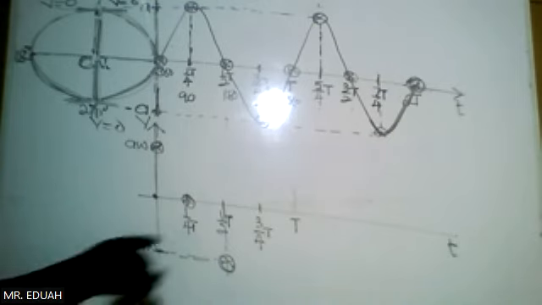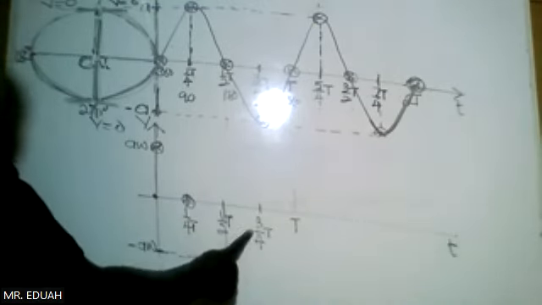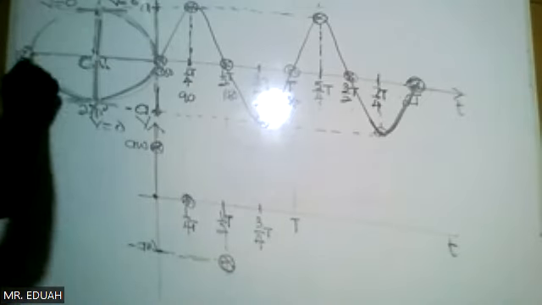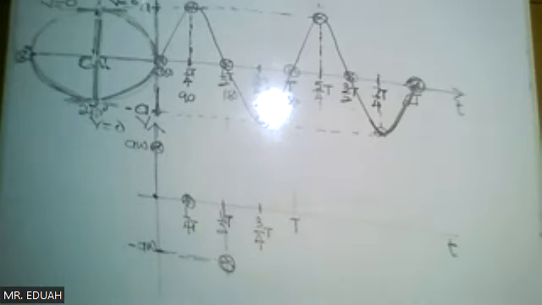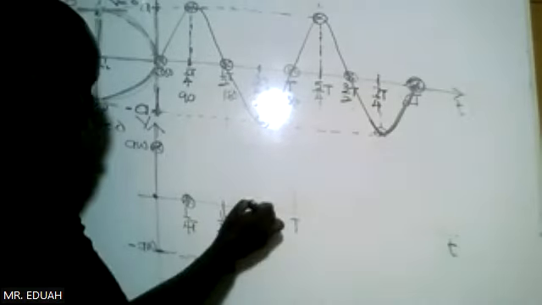Now, what's the velocity at 3/4 of the period? Yes. Velocity is equal to 0.